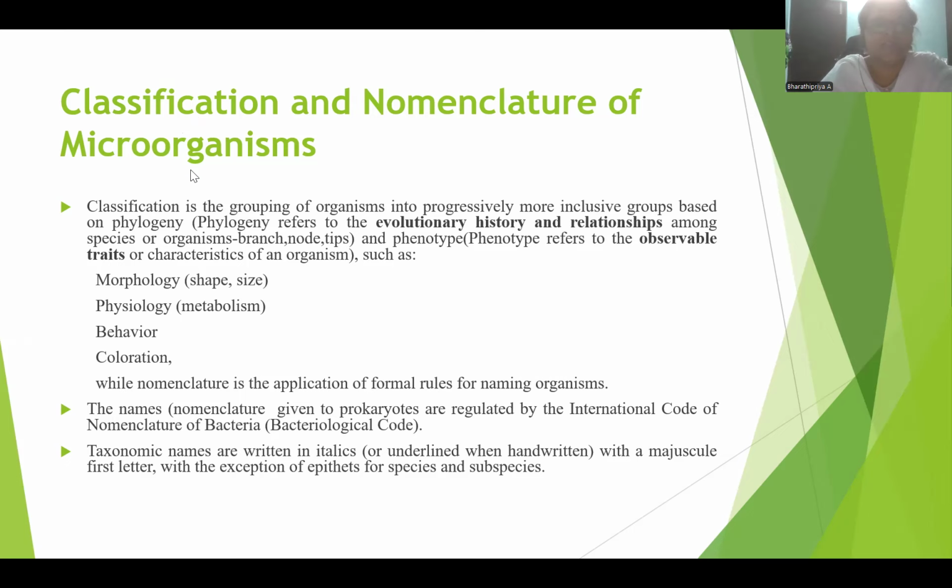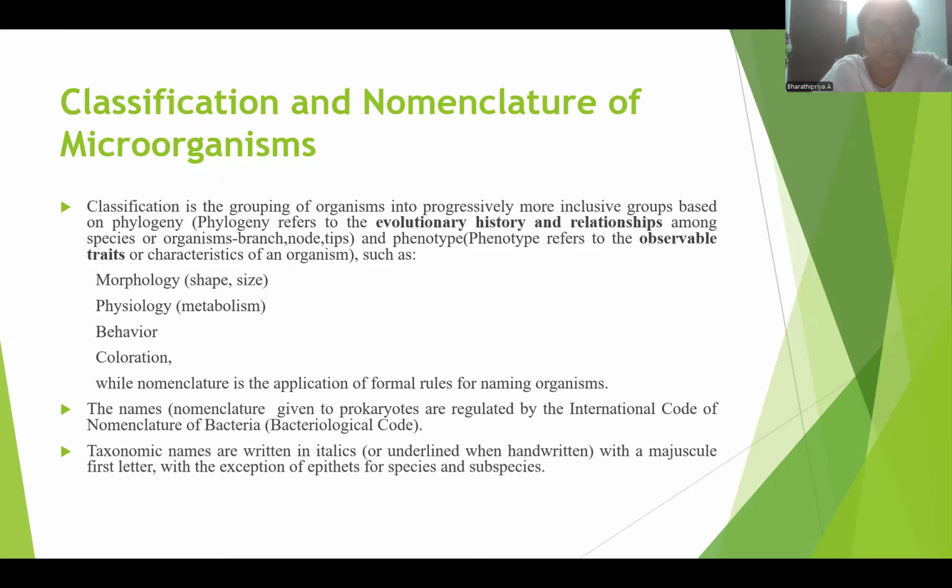The classification of microorganisms is how to group the microorganisms, especially based on the phylogeny, that is, evolutionary history and the relationship among various species, and the phenotypes. Phenotypes include various characteristics of the microorganisms such as morphology, physiology, behavior, and coloration.